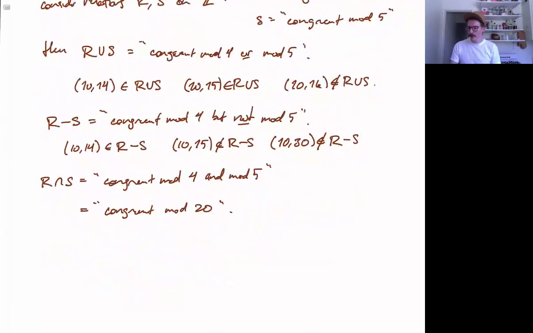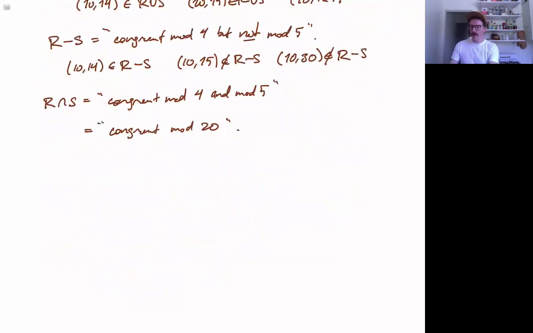But we can also define a sort of composition of relations the way you would define a composition of functions. So how do we define this?